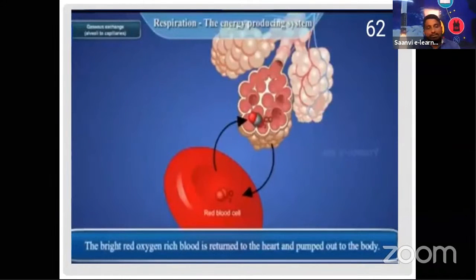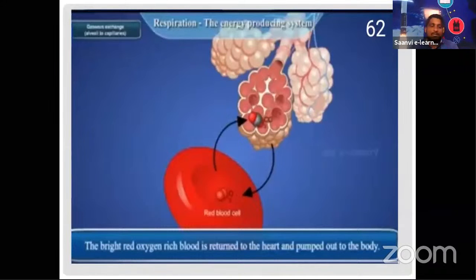Next, the bright red oxygen-rich blood is returned to the heart and pumped out to the body.